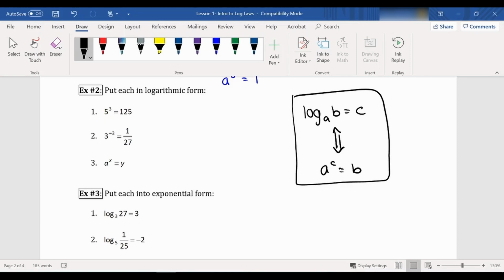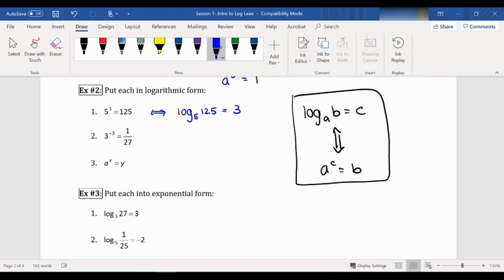So basically, you need to identify what is your A, your B, and your C. In this first one, my A would be 5, which means this is going to be log base 5. My B would be 125. So the inside stuff of my logarithm would be 125. And my C, my exponent, is 3, which means my logarithm equals 3. And this would be considered a very basic one.